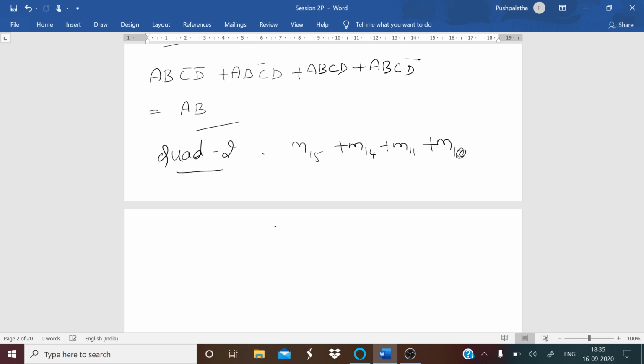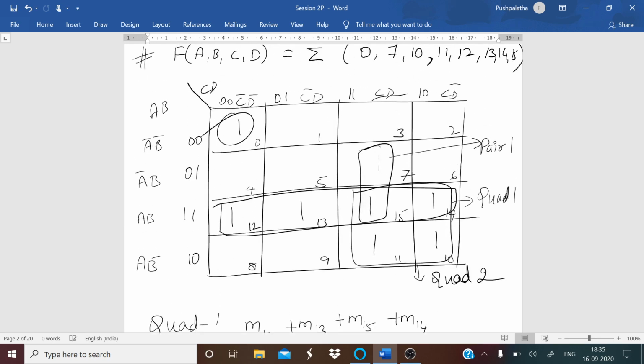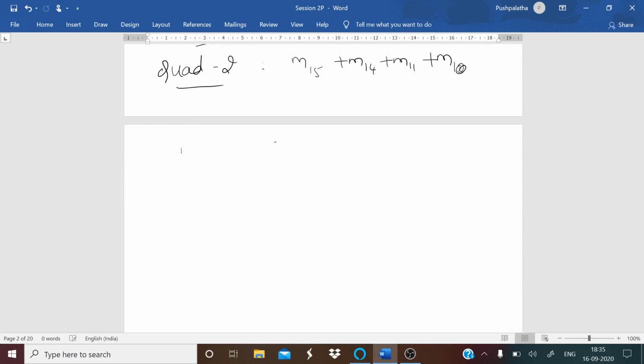I'm not looking into it, I'm just roughly writing. 1, 2, 3, 4, so you take it as A, B, C, D. 14 will be A, B, C, D bar, plus 11 will be A, B bar, C and D, plus M10 is A, B bar, C, D bar.